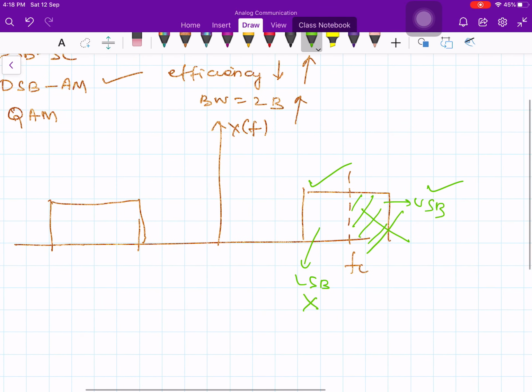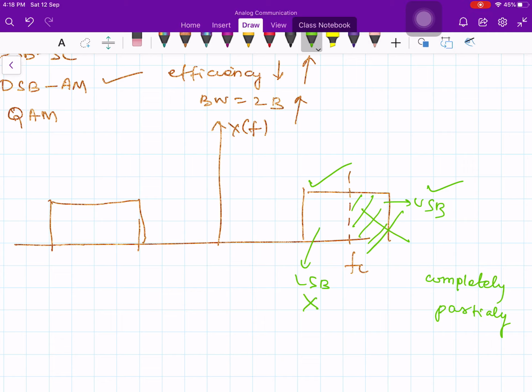So now you can remove the sideband either completely or partially. Okay, so there is another choice that is given to us. Either you can suppress completely or partially. Here you can ask me, why are we giving these two options?